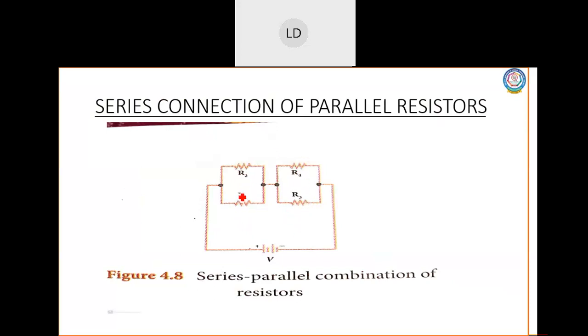In order to find the effective resistance of this, what should I do first? First I should find out what this connection is. What is the effective resistance of this parallel connection?